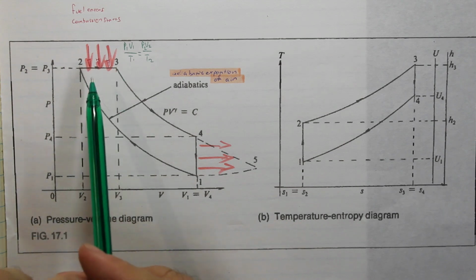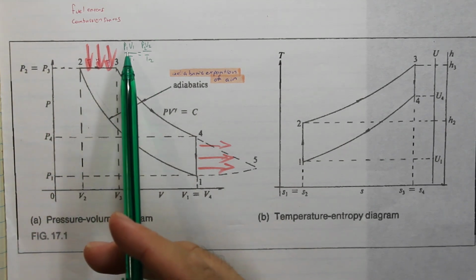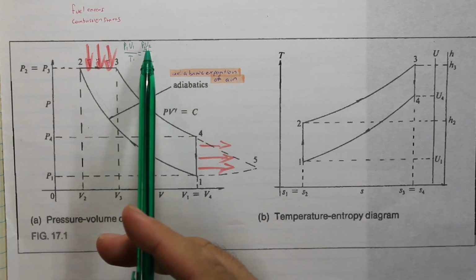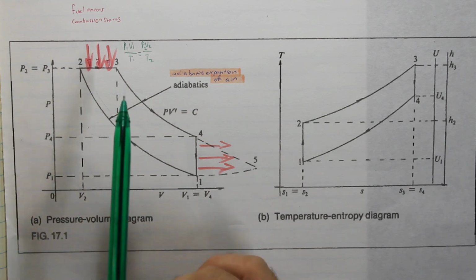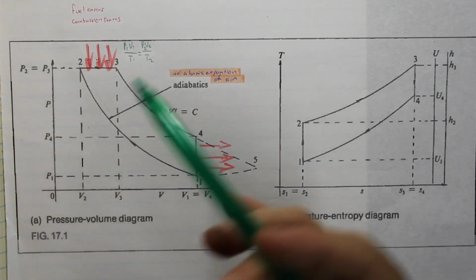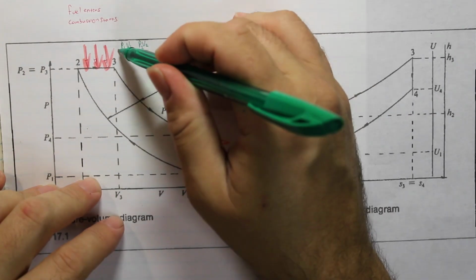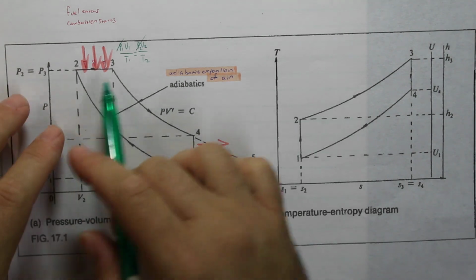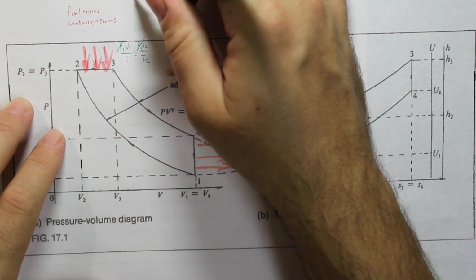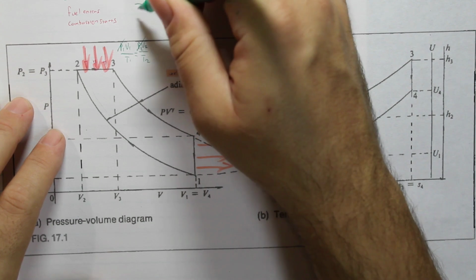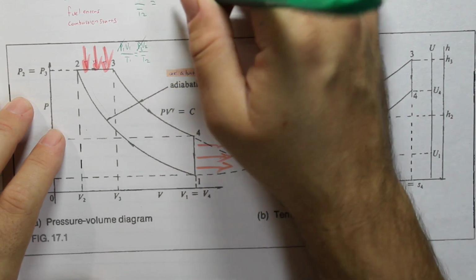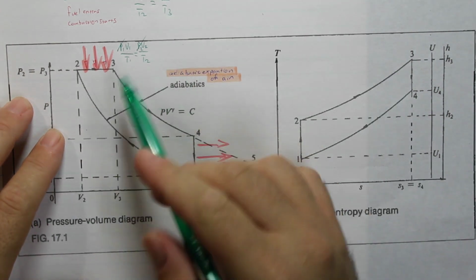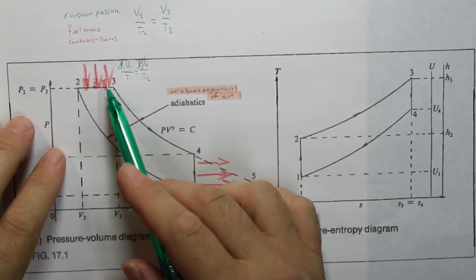Now, if we look at the formula P1 V1 over T1 equals P2 V2 over T2, what can be cancelled out? Obviously, it's the pressure, eh? So P1 and P2 can be cancelled out. So for this section, we should say V2 over T2 equals V3 over T3. All right, so that's for this constant pressure part here.